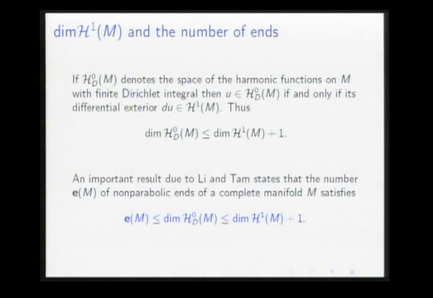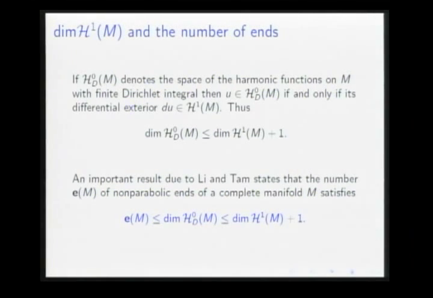And an important result of Li and Tam states that the number of non-parabolic ends of a complete Riemannian manifold is bounded from above by this dimension. So we look for conditions to find the finiteness of the dimension of this space. And of course, we have a bound for the number of non-parabolic ends.